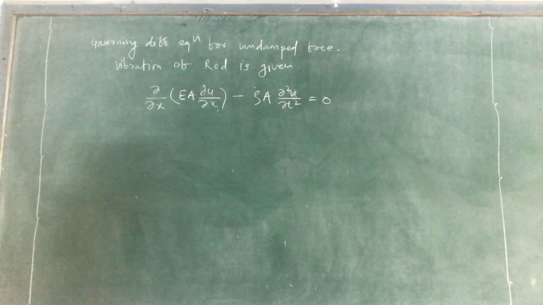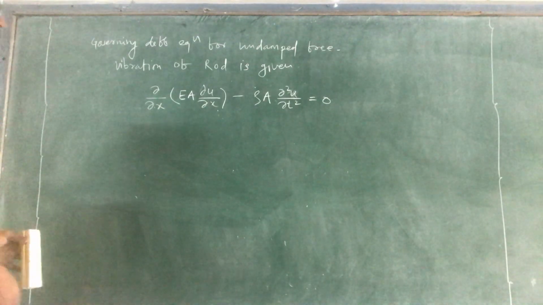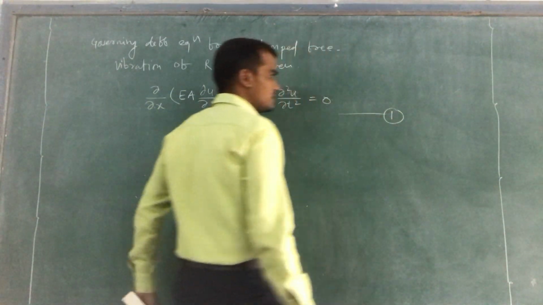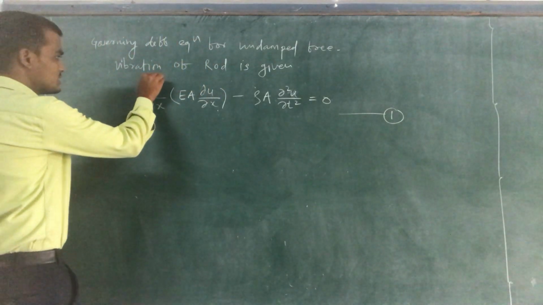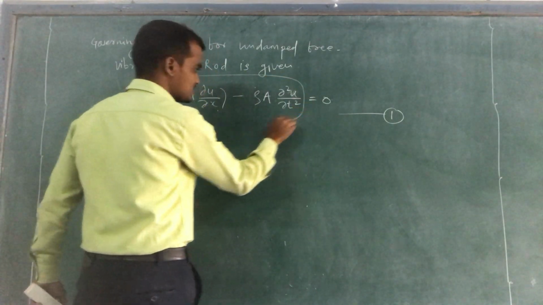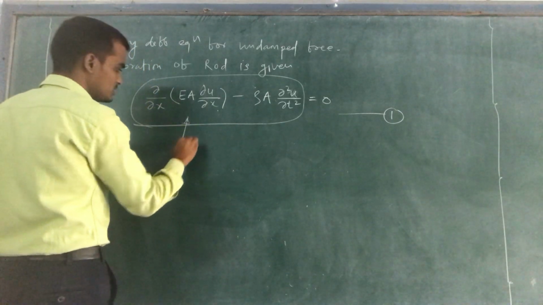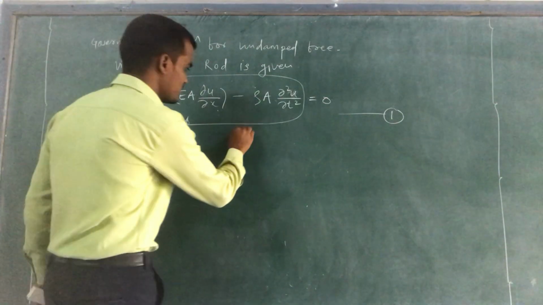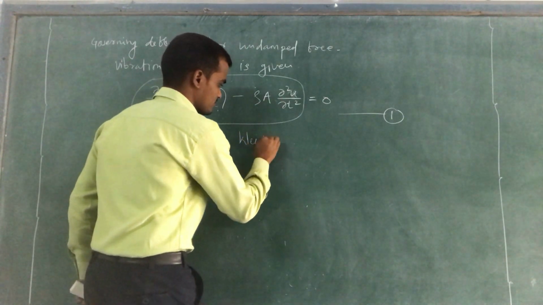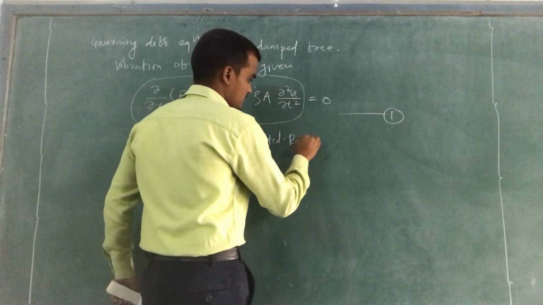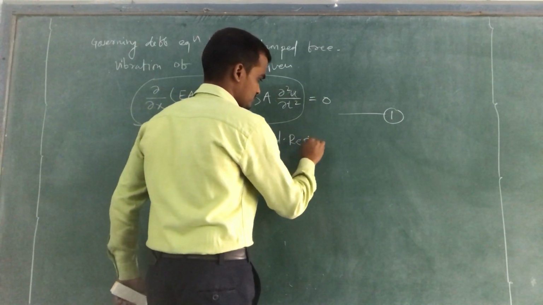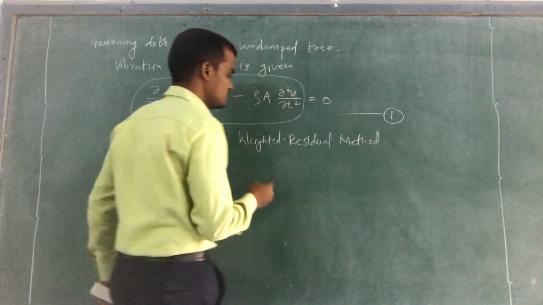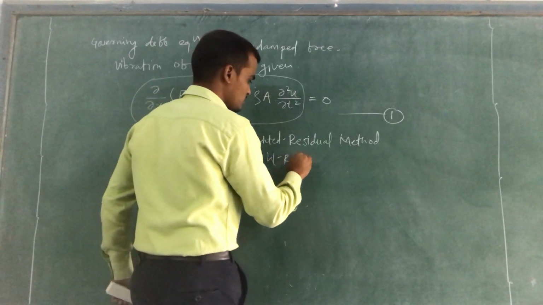Now from this governing differential equation, which is equation 1, we will get our residual for the weighted residual method. The left hand side is considered to be the residual. We studied this method in the first week, as the WR method.